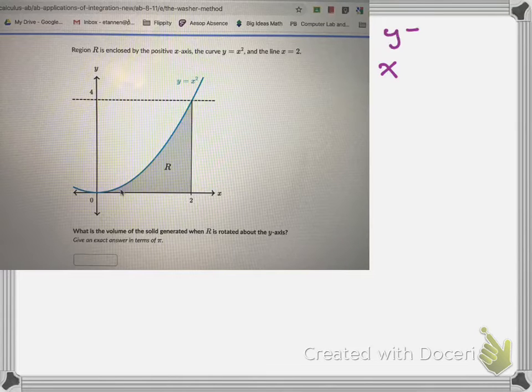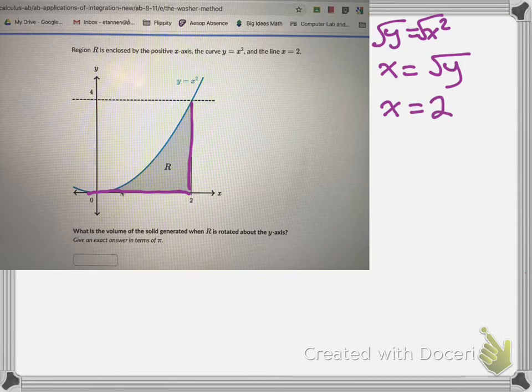So if y equals x squared, if I take the square root of both sides, x equals the square root of y. Also, this vertical line, if we're thinking about it sideways, will just be the equation x equals 2.